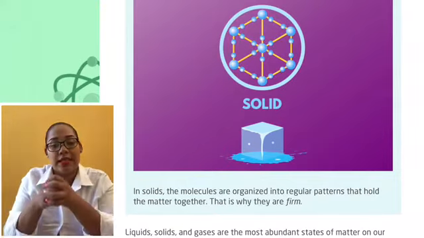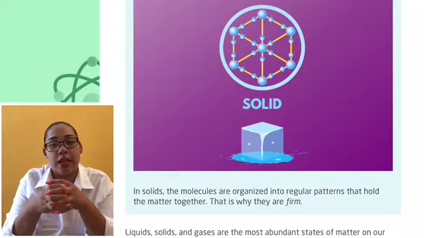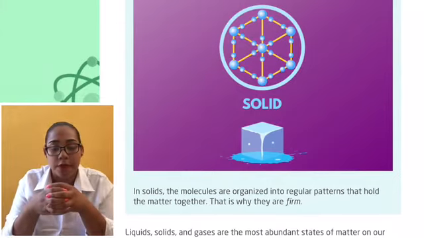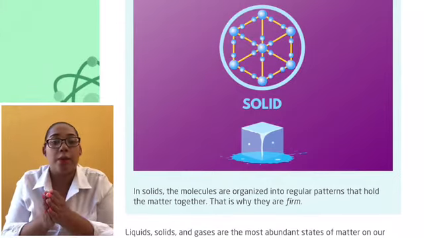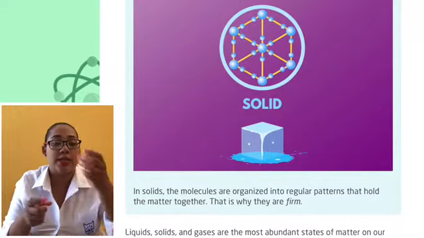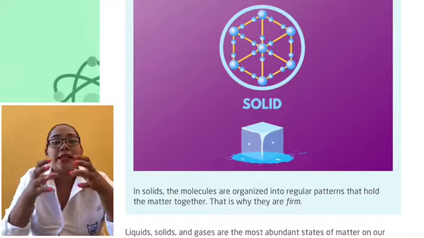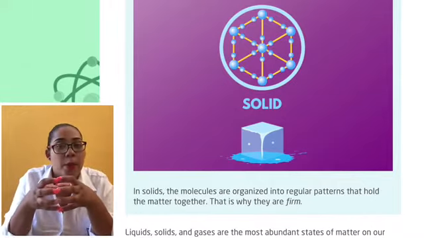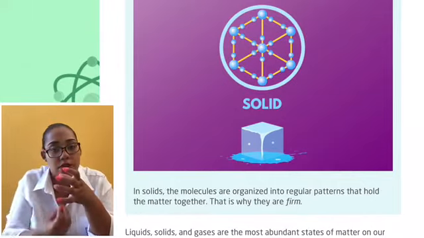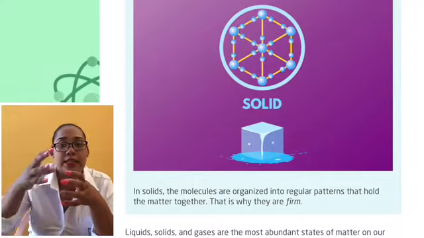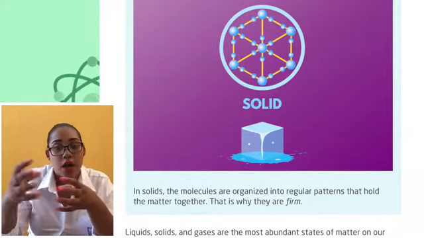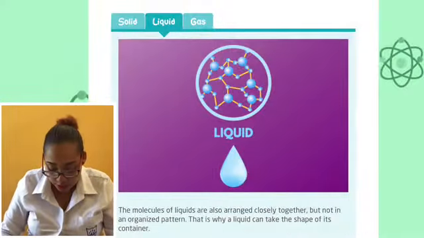Firm means that it will stay in its place, okay? For example, when you touch ice, it's firm, you can break it, but it won't break by itself until it starts melting or until you put heat, or something hot, okay?